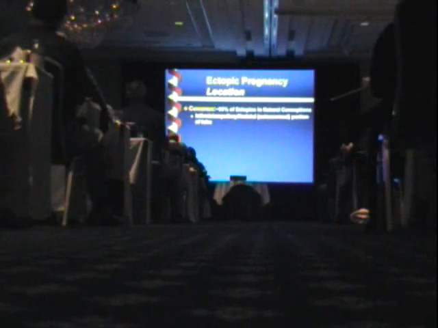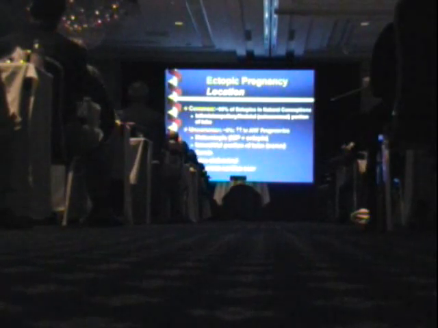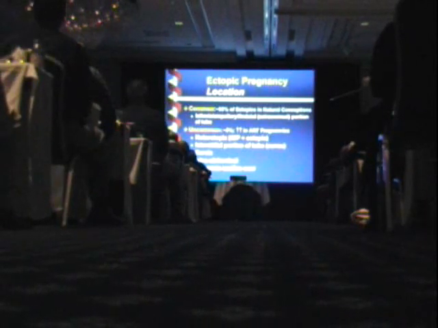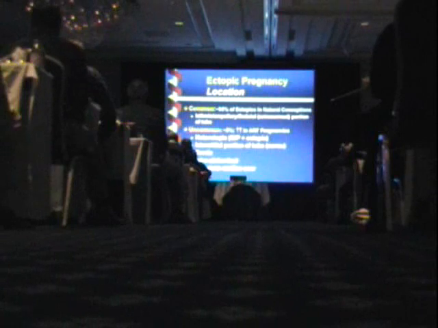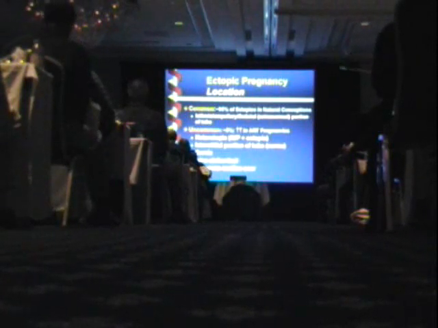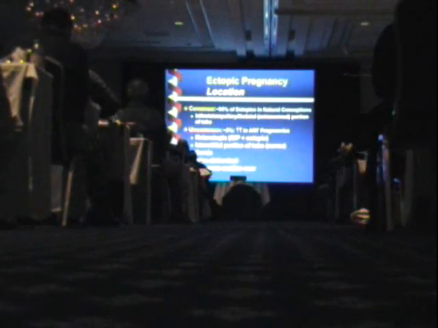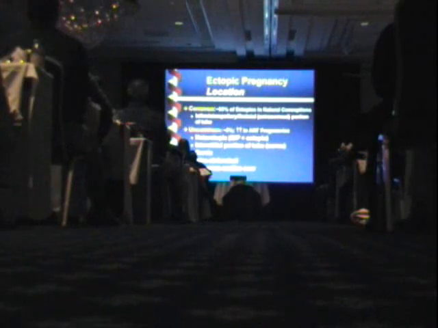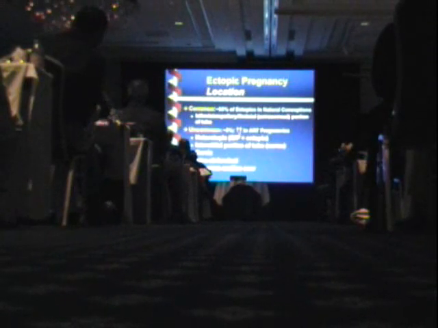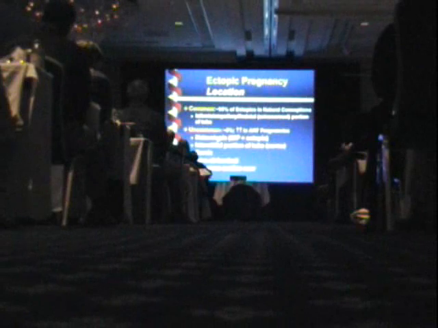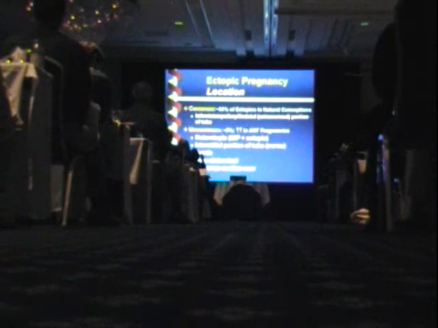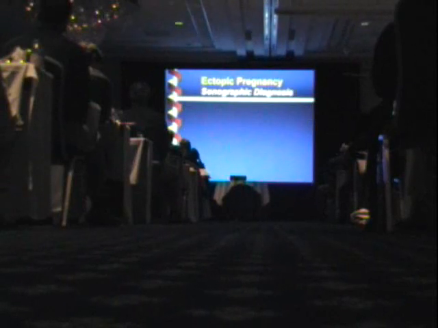So about 95% are in the main part of the tube, the extrauterine part, and about 5% are elsewhere, a higher percent in pregnancies achieved via assisted reproductive technologies such as IVF. They can be in uncommon locations, including heterotopic, one in the uterus and one ectopic, or in the cornu or interstitial portion of the tube, in the cervix, and other unusual locations.